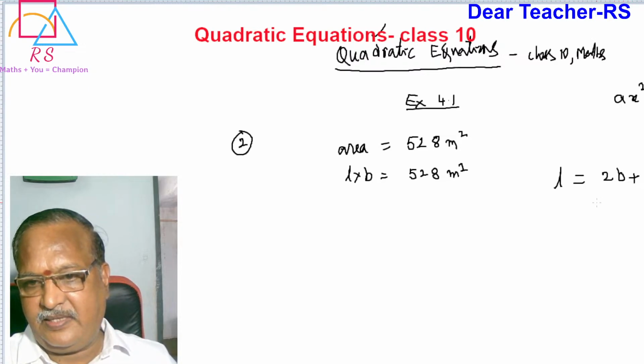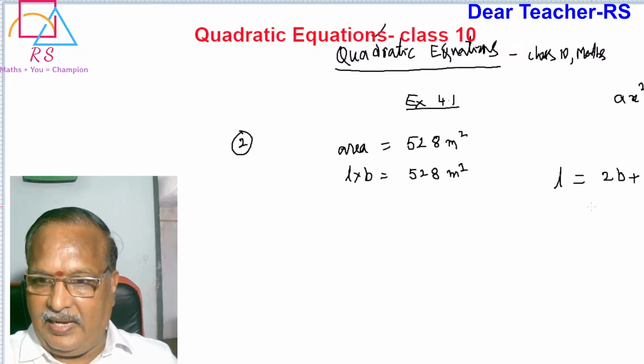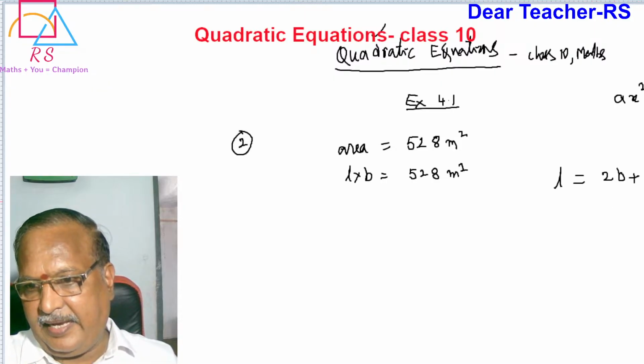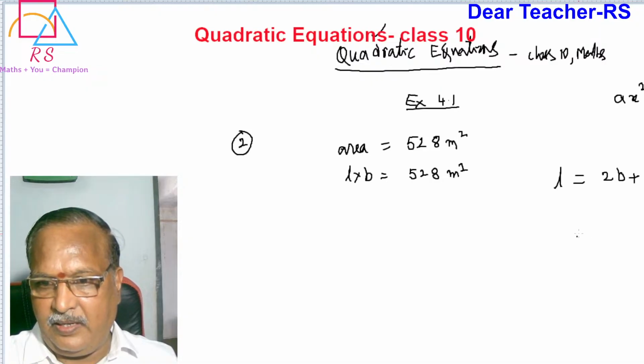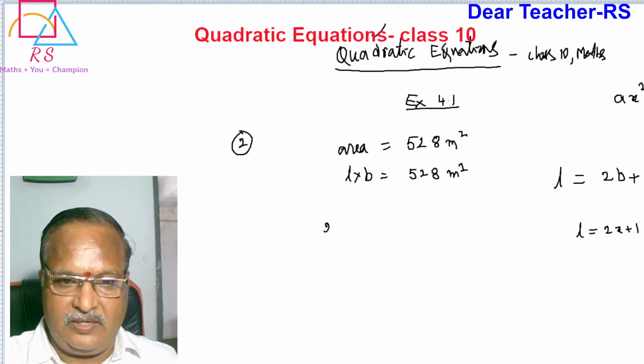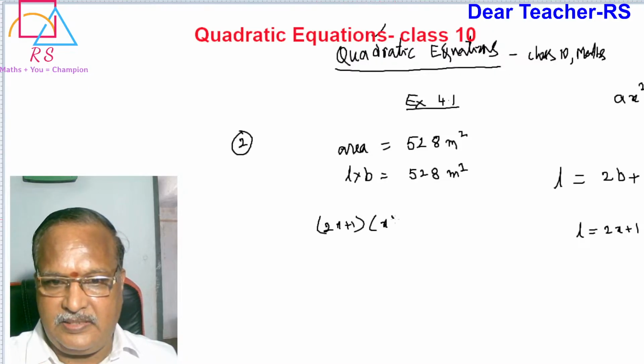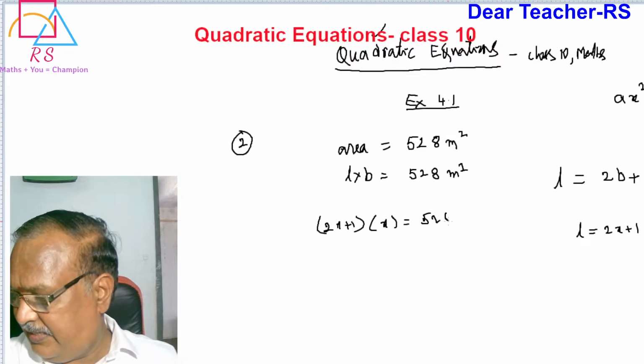Now if b is equal to x, then what happened? L is equal to 2x plus 1. So then 2x plus 1 into x is equal to 528.